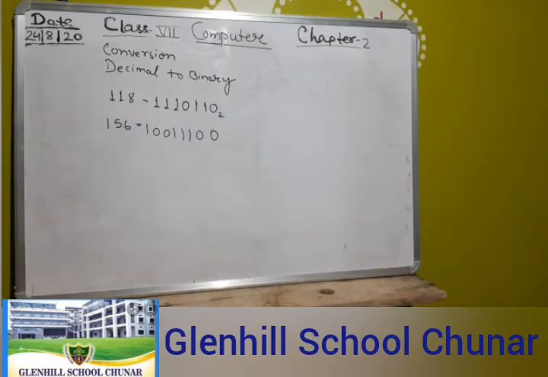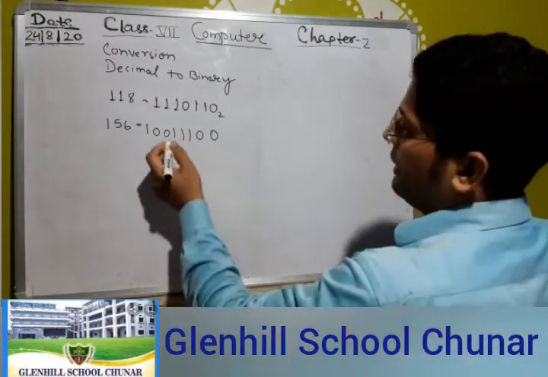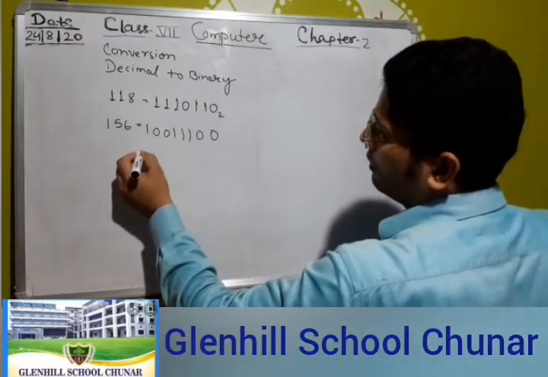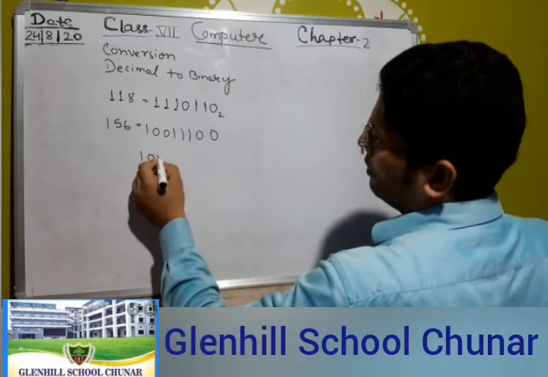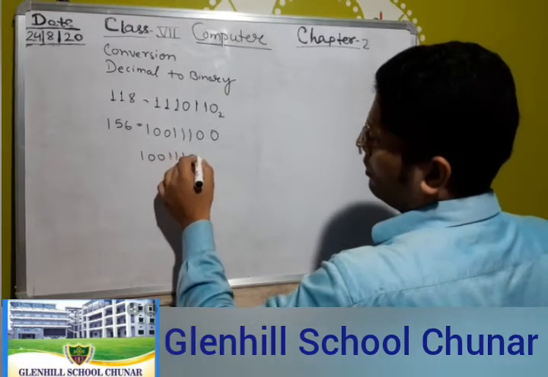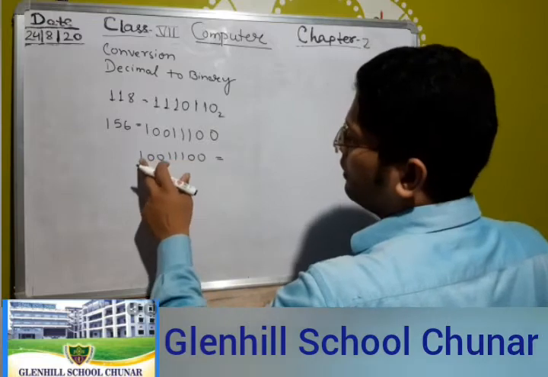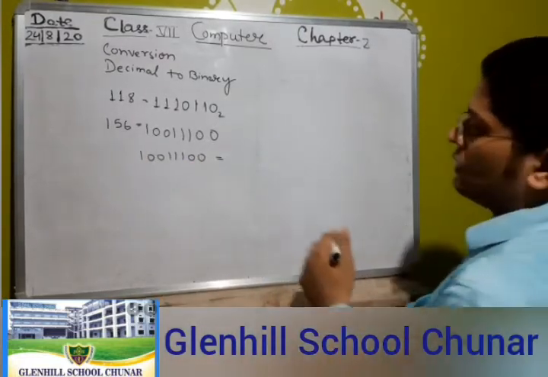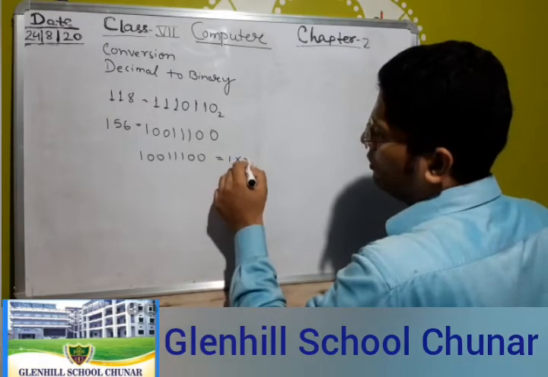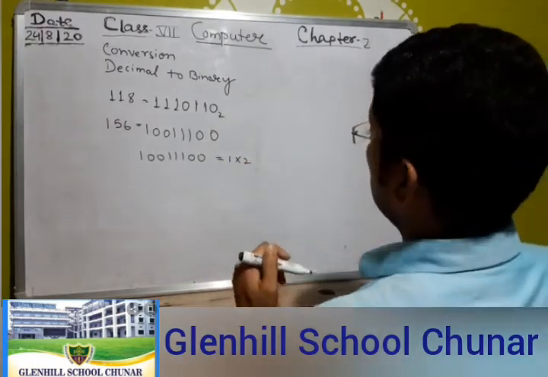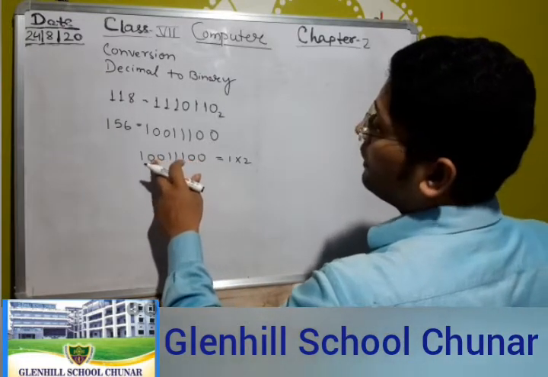So look, that binary number is 1 0 0 1 1 1 0 0. Number the eight bits 1 2 3 4 5 6 7 8.